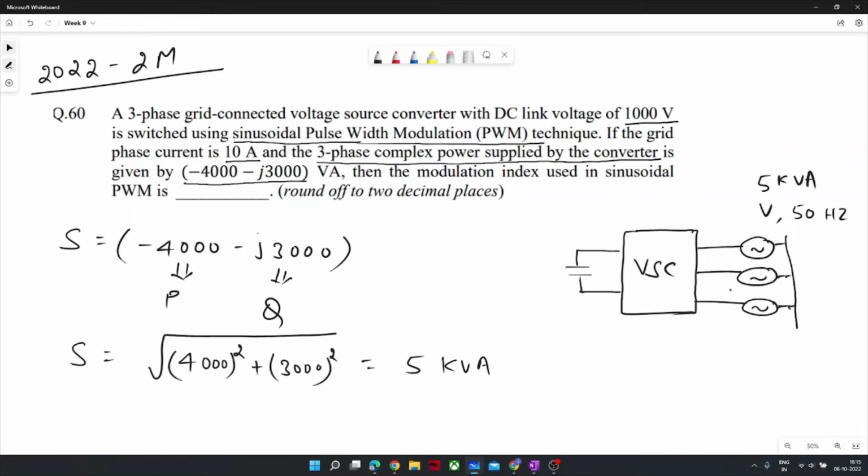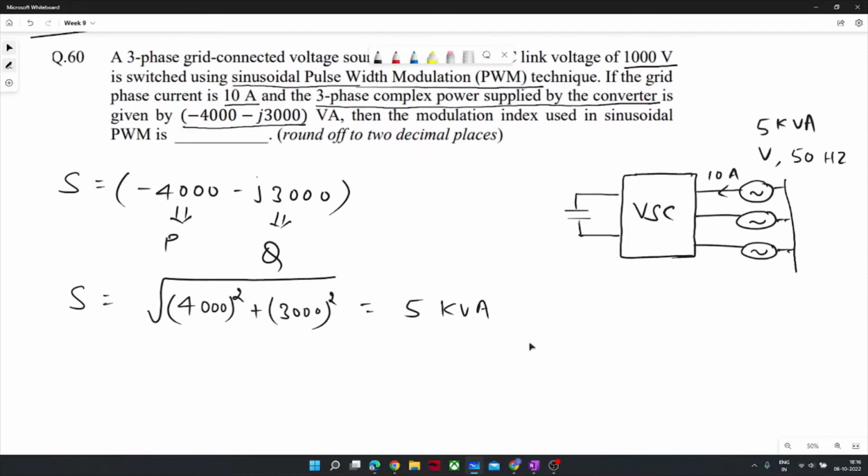Now we are given the phase current, which is 10 ampere, and we can compute the voltage. This voltage will be on the AC side; this is AC and this is DC.